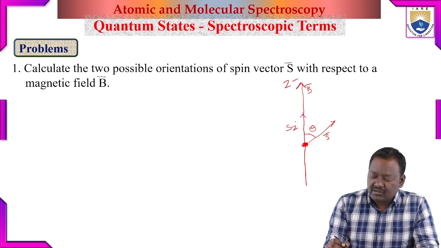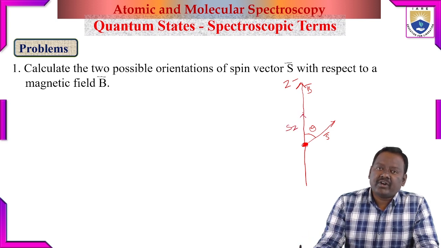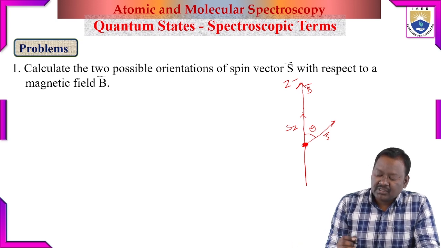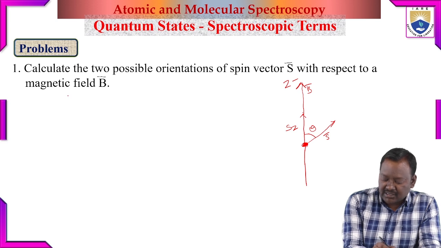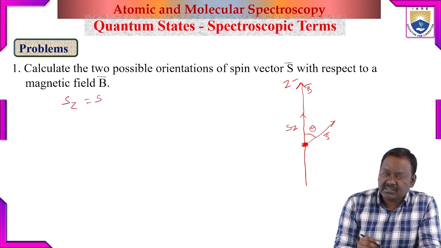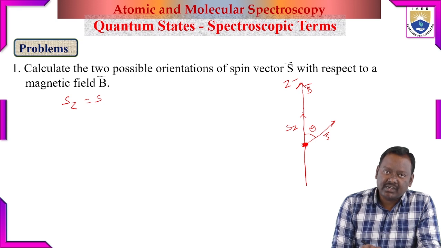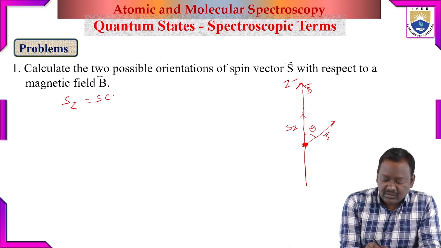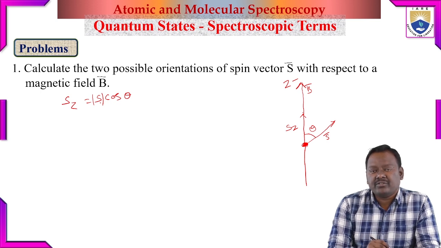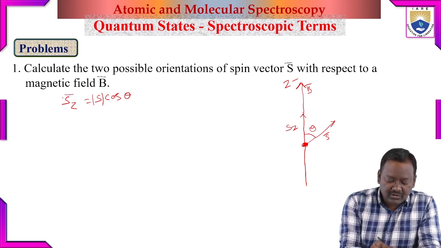Sz is the component of spin angular momentum along the Z direction. In general, the magnitude of Sz is given by S into cos theta, as theta is the angle between Sz and S. Here S is the magnitude.